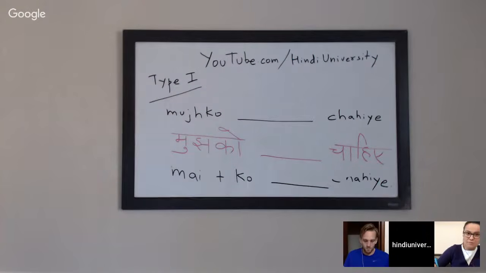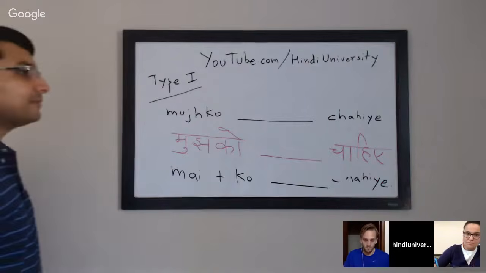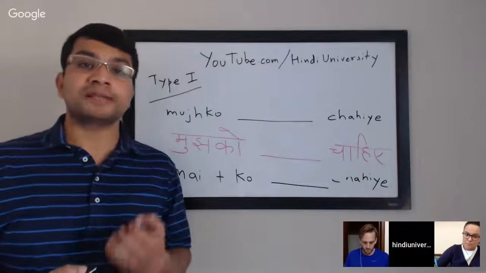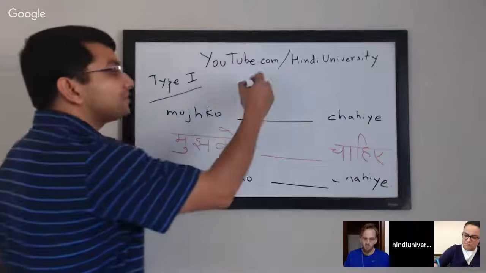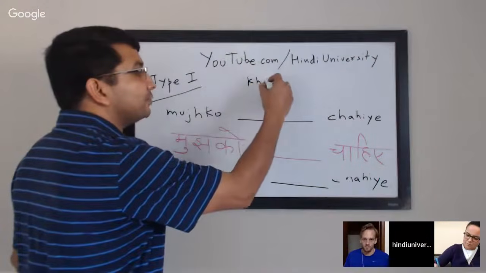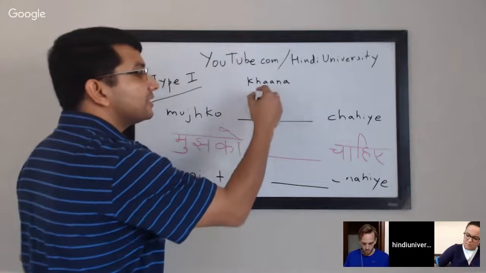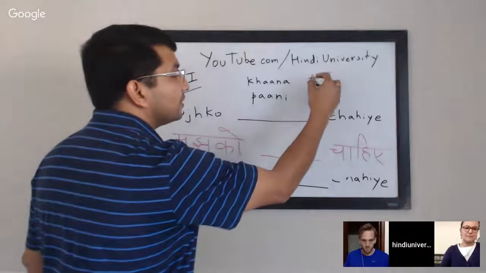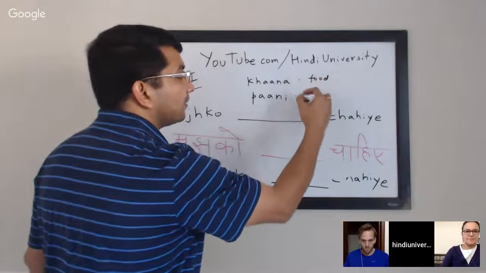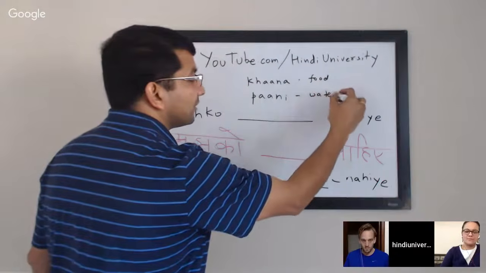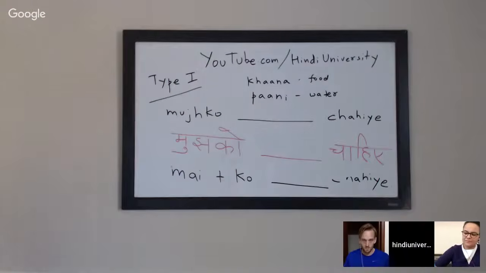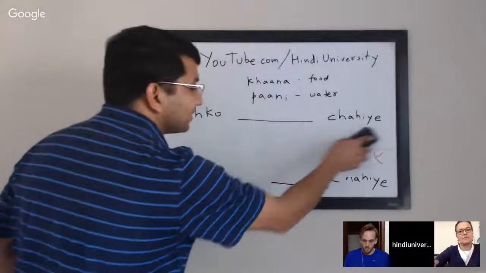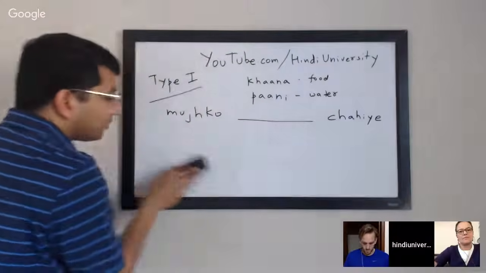Now it could be various scenarios. In the textbooks, you will mostly see examples like mujhko khana chahiye, that I need food, or mujhko pani chahiye. Khana is food and pani is water. But you can use it in many more scenarios, not just khana or pani, and I want to cover most of those scenarios.